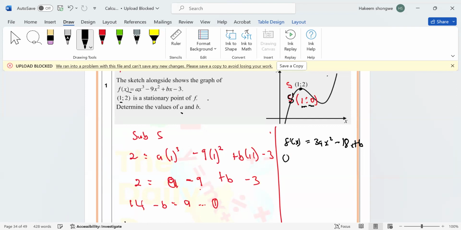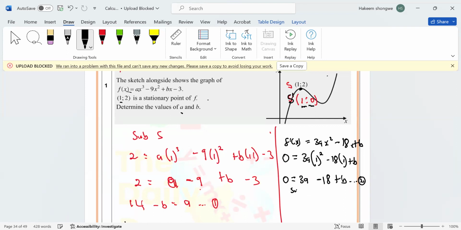0. So I'm going to say 0 is equal to 3a multiplied by 1 all squared minus 18 multiplied by 1 plus b. 0 is going to be equal to 3a minus 18 plus b. This is going to be equation number 2.